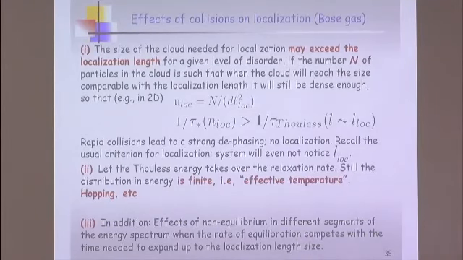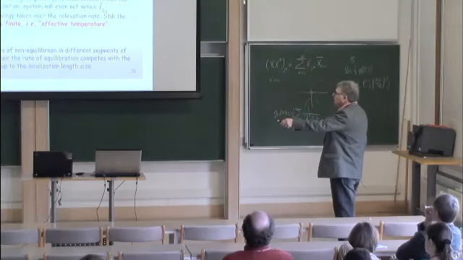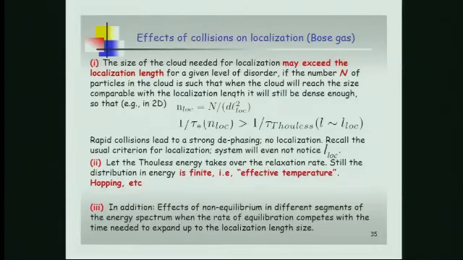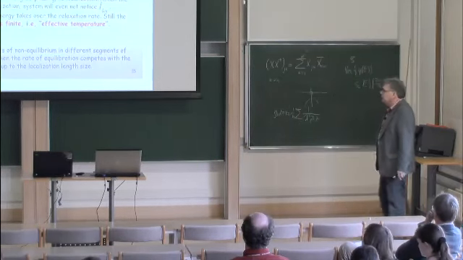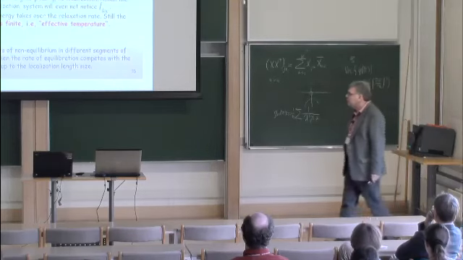So what I'm saying is that, in principle, if the number of particles in your cloud and the disorder are such that the density on the radius of localization makes this collision rate larger than the Thouless energy, then the standard criterion for localization will not work at all. And this scale will not be noticed at all, because there is a much more important scale, that of rapid collisions.